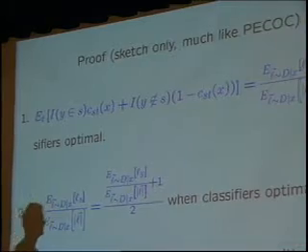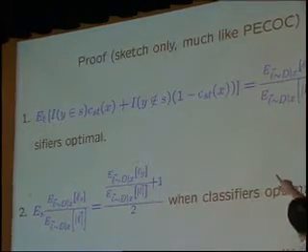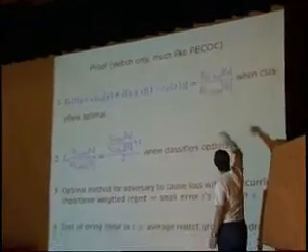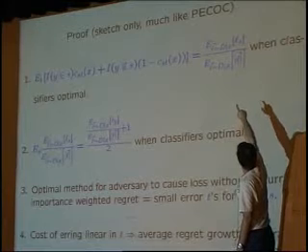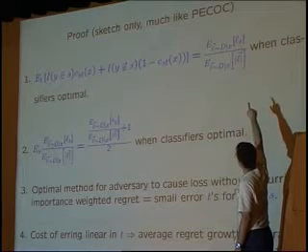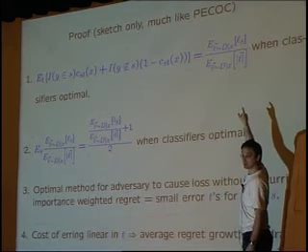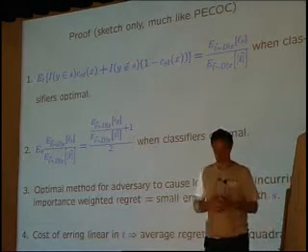And you can prove that this is much like estimating the probability. You can prove that this equals, when the classifiers are optimal, the expected loss of the subset divided by the expected sum of losses. It kind of makes sense.